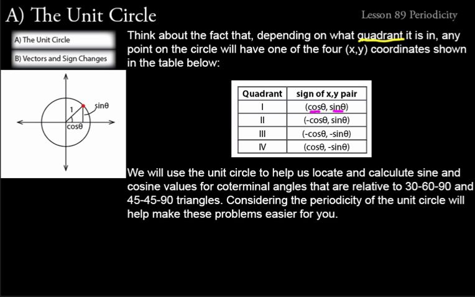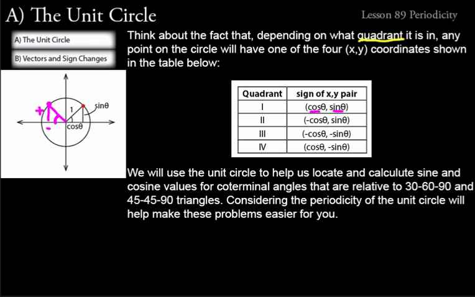Quadrant 2, over here, say we had a point over here, whatever that theta angle is relative to the x-axis, then we'll get a minus cosine theta there and a positive sine theta there. Then the third quadrant would be minus cosine theta, minus sine theta. Fourth quadrant, cosine theta, minus sine theta.